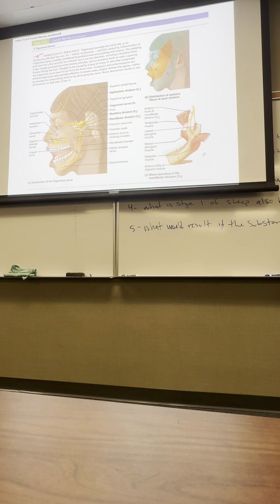I don't ask the pinpoint test specifically, but I want you to know it's a mixed cranial nerve. Feeling or sensation on the ophthalmic division, the maxillary division, and the mandibular division. So those 3.